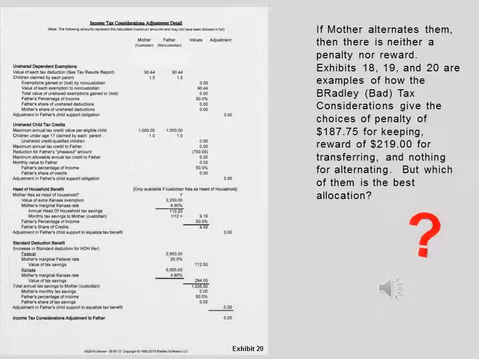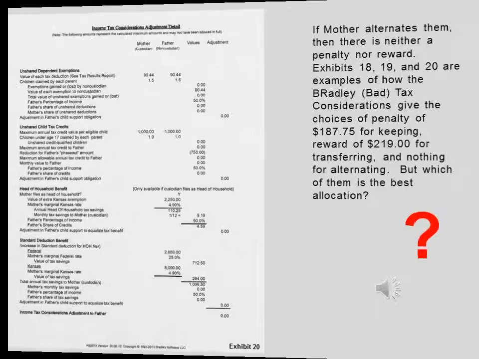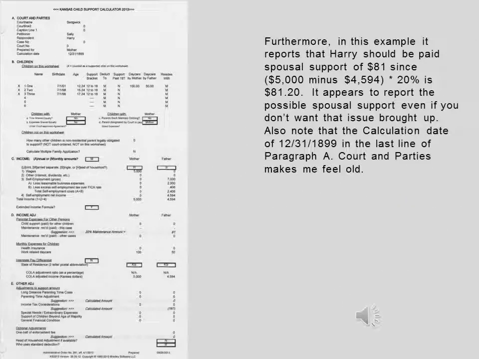But which of them is the best allocation? Furthermore, in this example, it reports that Harry should be paid spousal support of $81 since $5,000 minus $4,594 times 20% is $81.20.